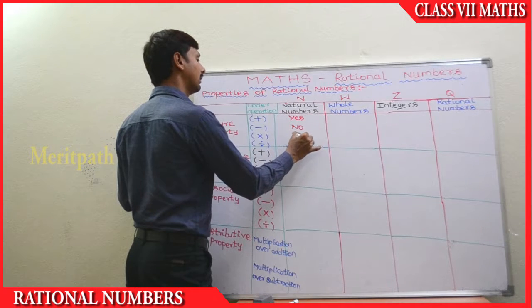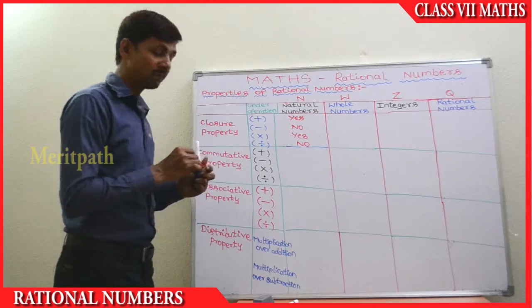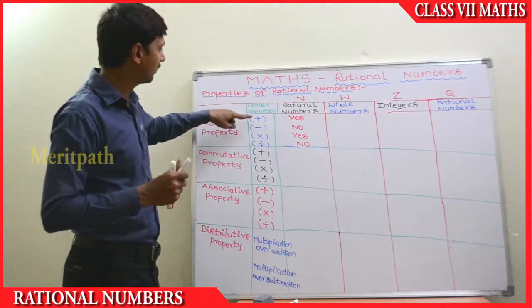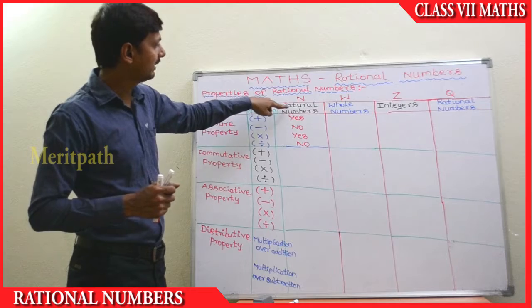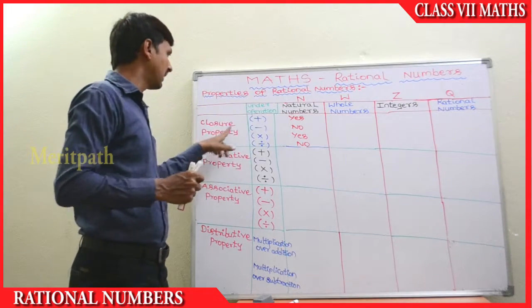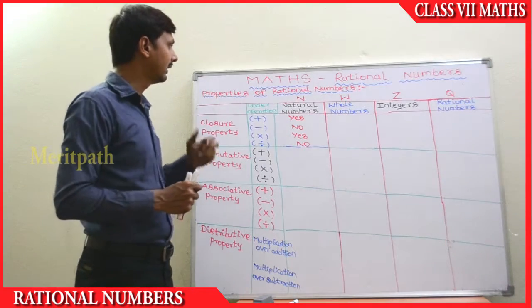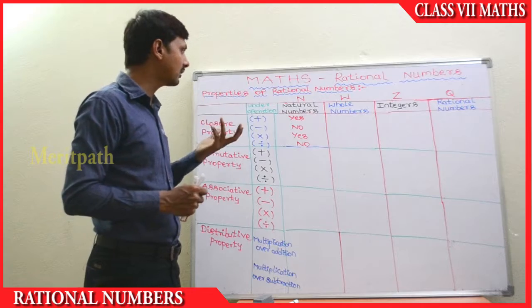The third one is also yes, and the second and fourth are no, not possible. So the closure property of addition on natural numbers is possible, yes. Subtraction is not possible, multiplication is possible, and division is not possible. We have completed only one part of it.